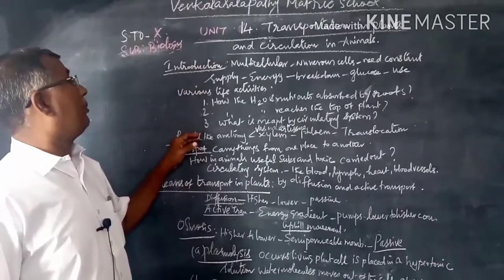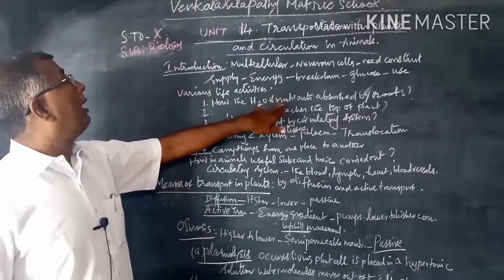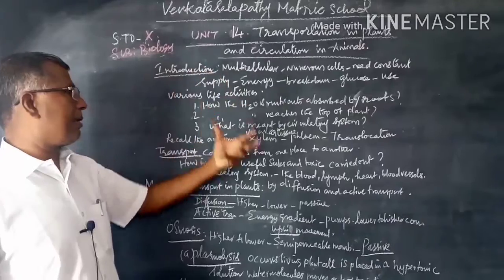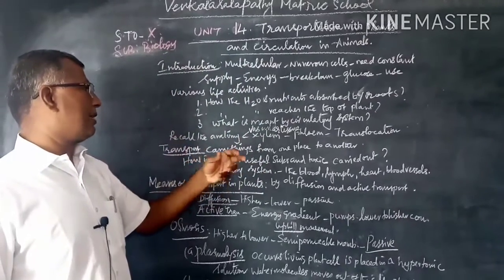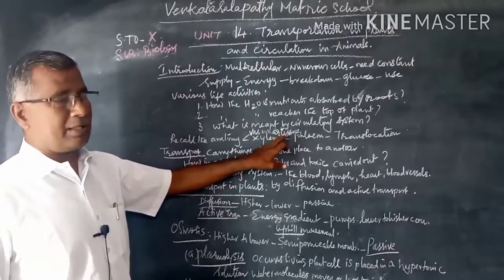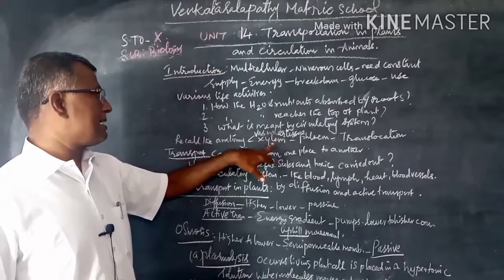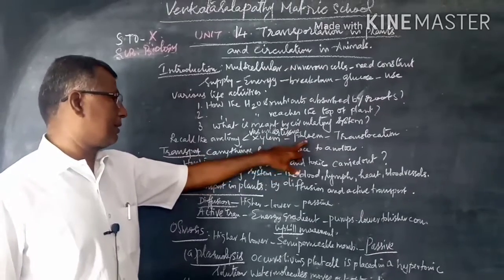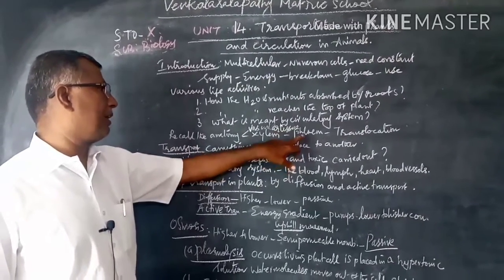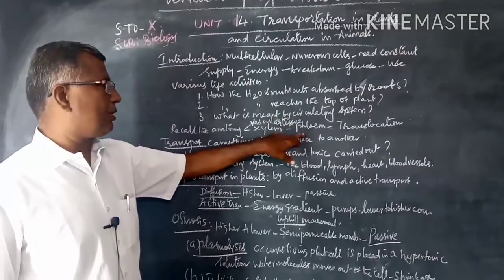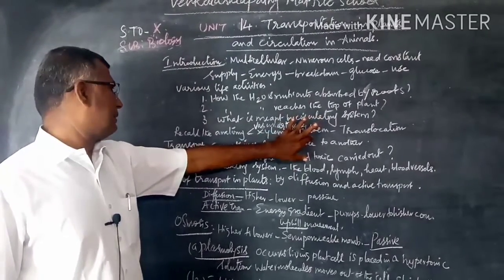Recall the anatomy: how the nutrients and water move to the top of the plant and are absorbed by roots. That is due to the presence of vascular tissue, namely xylem and phloem. Understand? These constitute what we call vascular tissue, which is equal to the blood vascular system of animals.